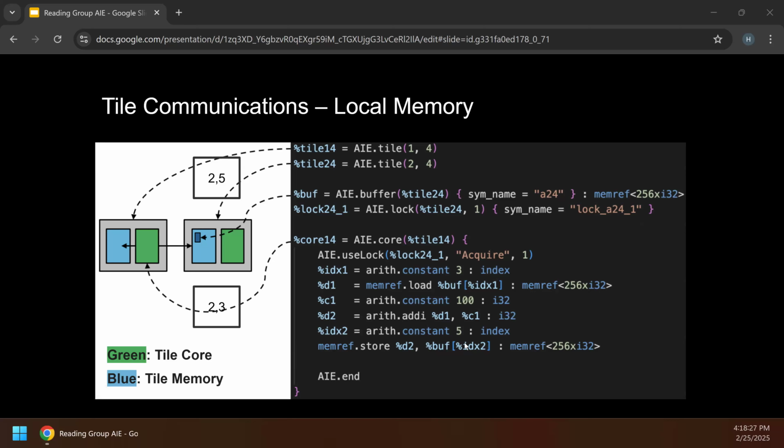So using the lock dialect to achieve the communication is straightforward. But for some other scenarios, maybe higher level abstractions for communications might make it much easier to reason about and to develop some optimization strategies.